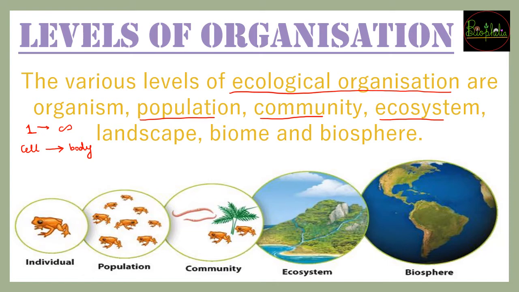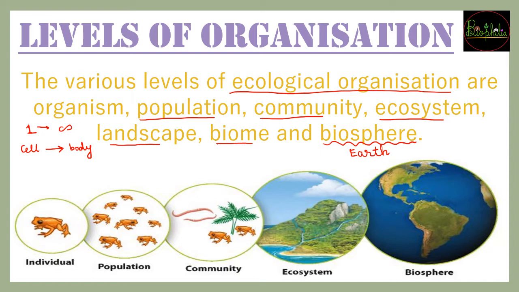Ecosystem में फिर you can have some landscapes you can have a bigger area that is a biome और finally जो biosphere होगा it is the biggest area that you can study in ecology और biosphere का biggest example is nothing but the entire earth. So entire earth is going to be considered as a biosphere.